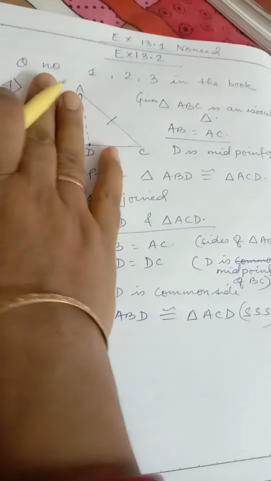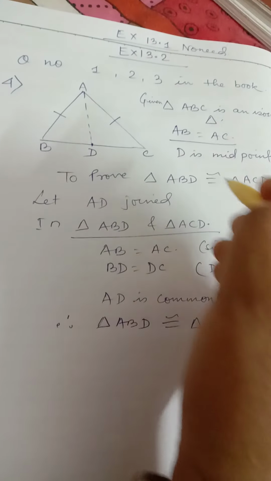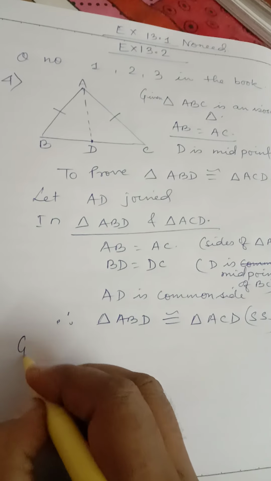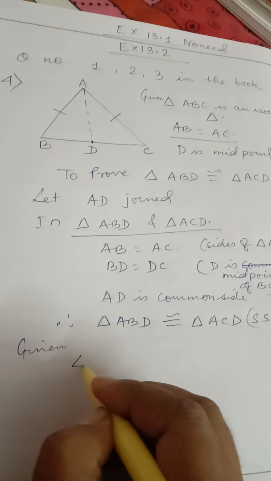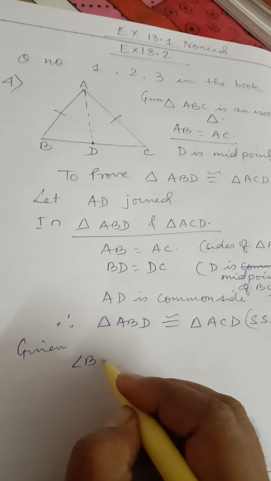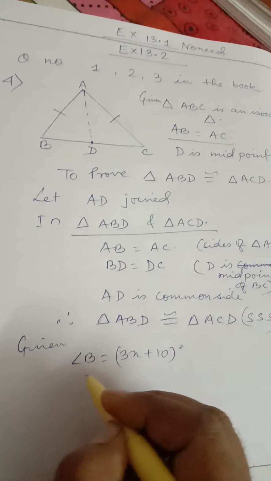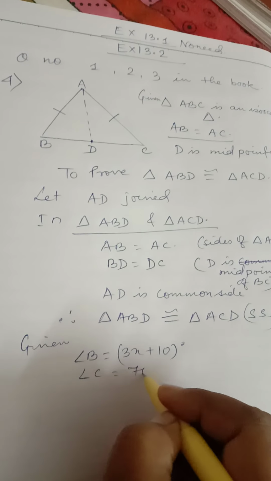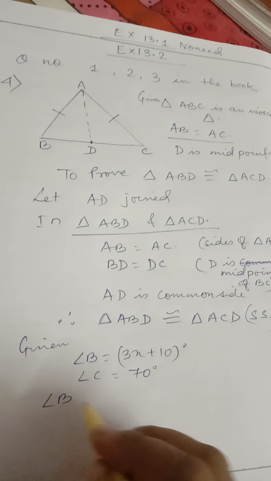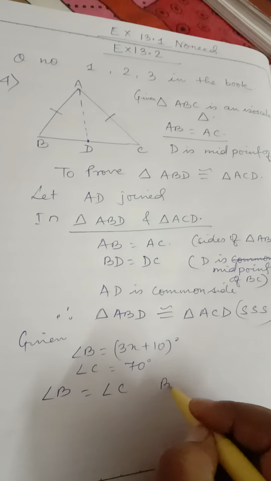Now if the triangles are congruent, leftover angles will be equal. Given angle B is equal to 3x plus 10 degree and angle C is equal to 70 degree. Angle B is equal to angle C, base angles they are.